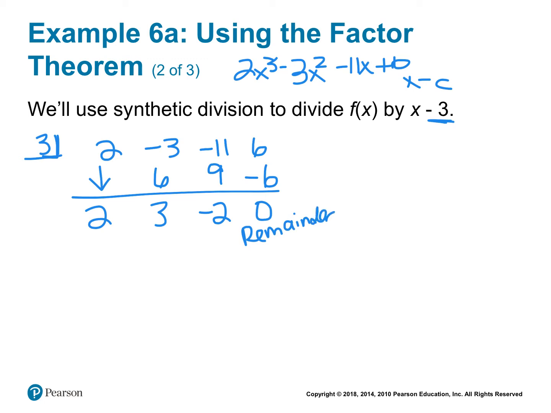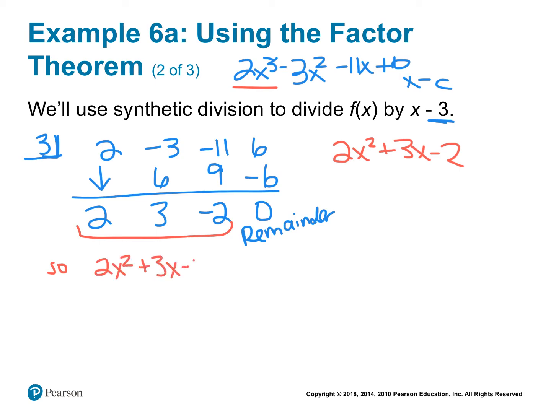So what this means, if we write this out, that would be 2. Then we have to take 1 less than this. It would be x squared plus 3x minus 2. So that means 2x squared plus 3x minus 2 is a factor of our original since there was no remainder.